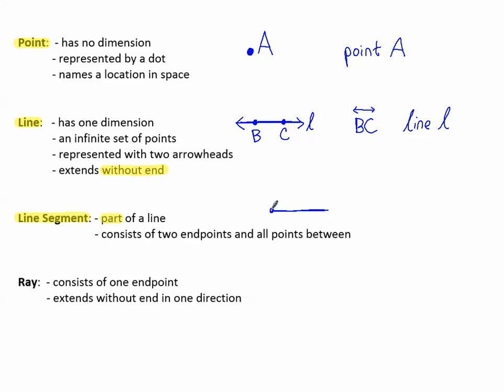I can show the endpoints on either side. When I want to name the line segment, I will name it by using the endpoints. I'm going to name this endpoint D and this endpoint E. So I can write this as segment DE, and similarly to how this had a line hat, this has a segment hat.